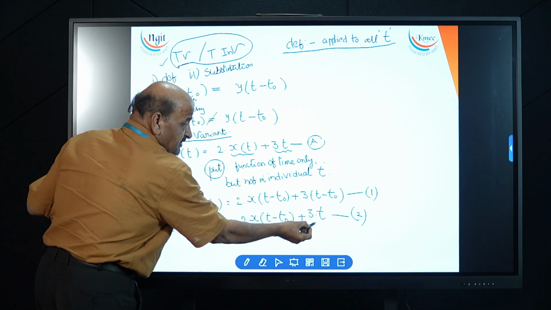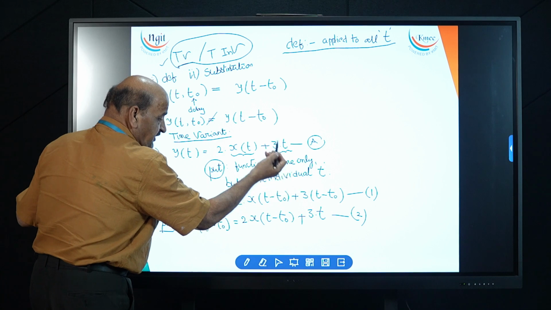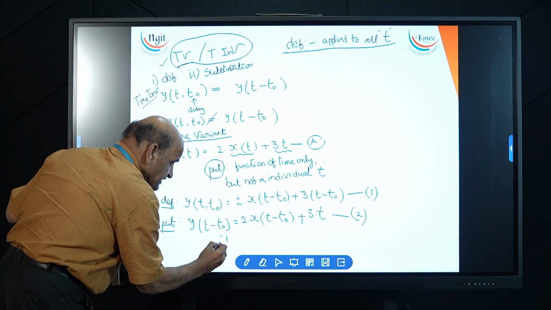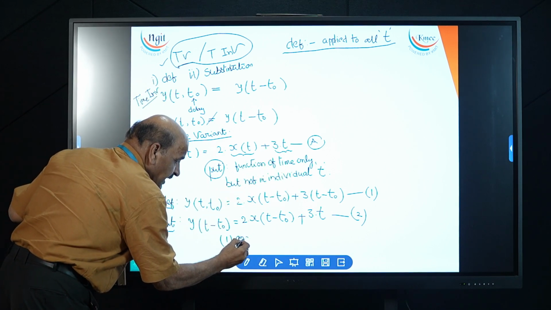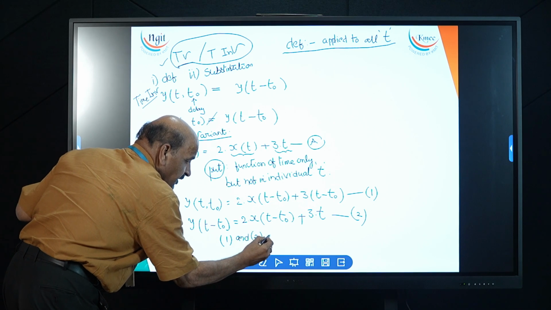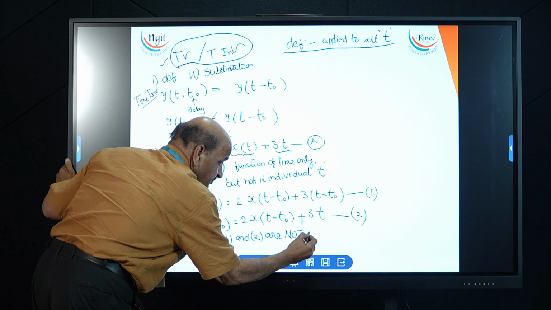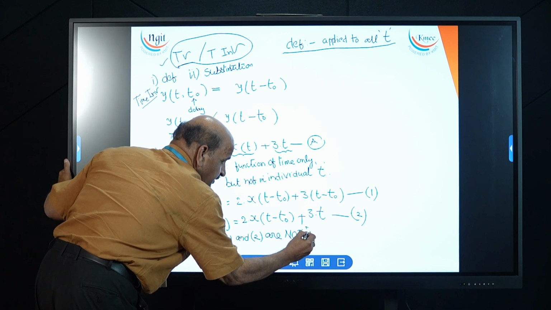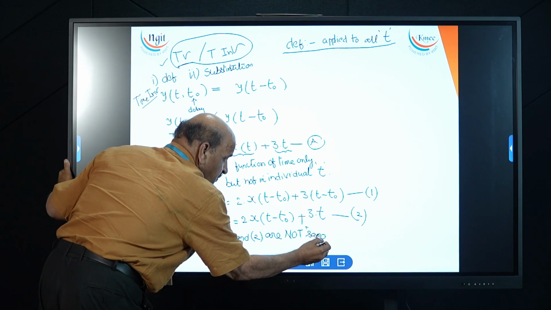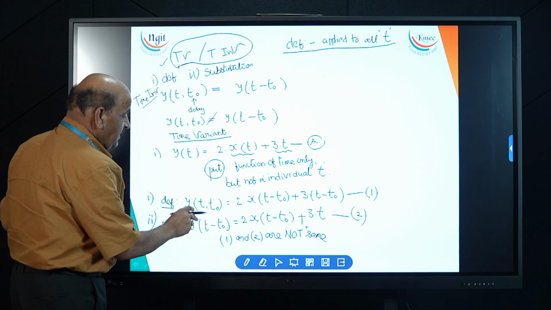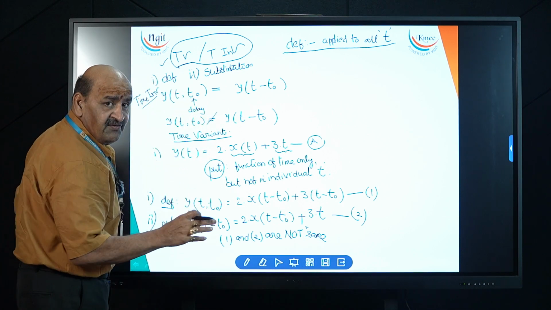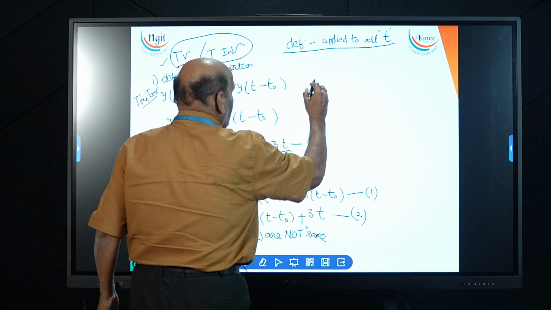Now look at the last term, these two are differing, therefore equations 1 and 2 are not the same. Not the same means what? These two outputs differ from each other. Therefore, what is happening?